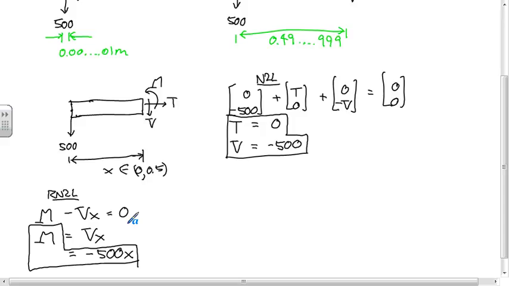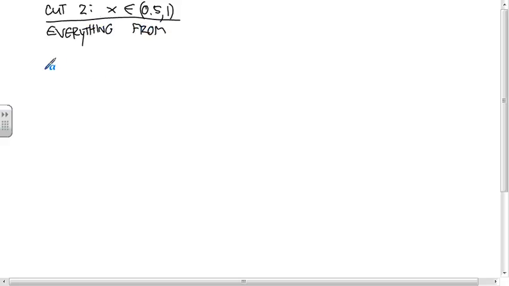So now the second cut. What values is this relevant for? X is in the range of 0.5 to 1. And so this represents everything from this free body. So we have negative 500.